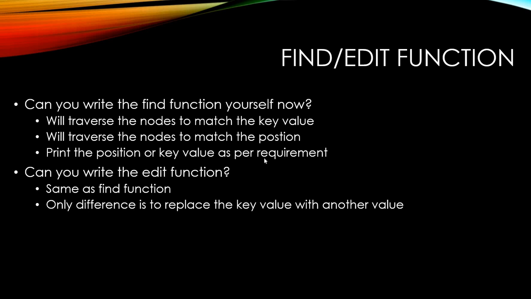Since we're editing a part, we have to print that part before editing and after editing to see whether it's working properly or not. The only difference between the delete function and this one is, instead of deleting that specific part, you have to replace the key value with another value.